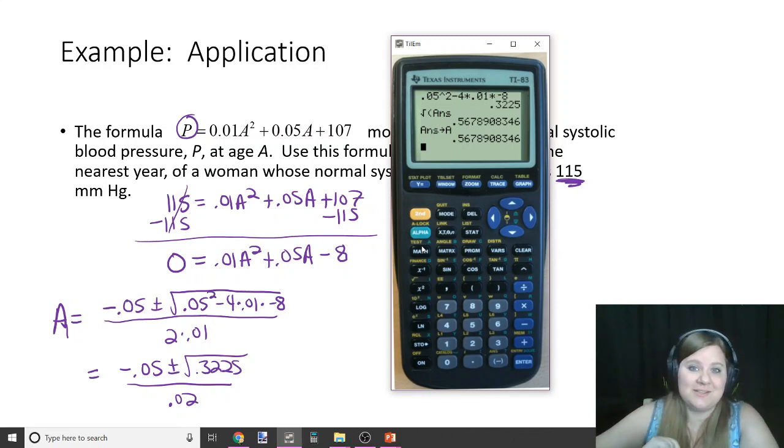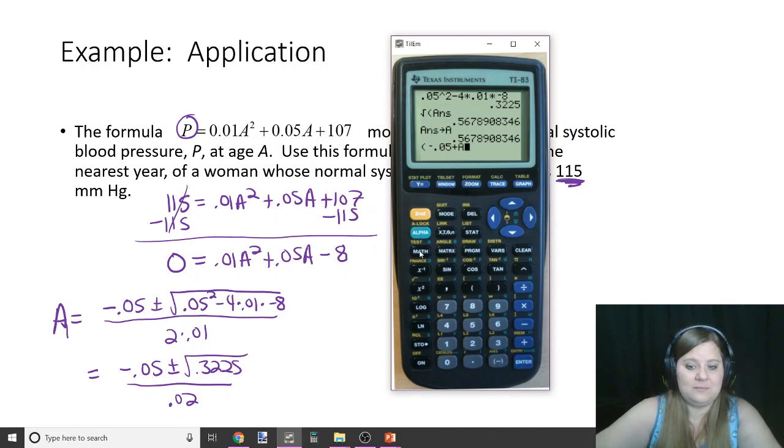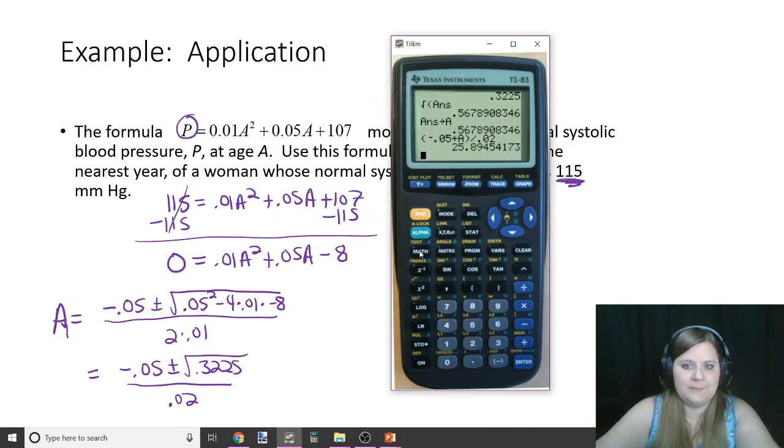So I'm going to find my two answers. I have to do negative 0.05 plus A, close the parentheses, divided by 0.02. Okay, and that's going to give me one answer. And then I'm going to do second entry is the enter button.